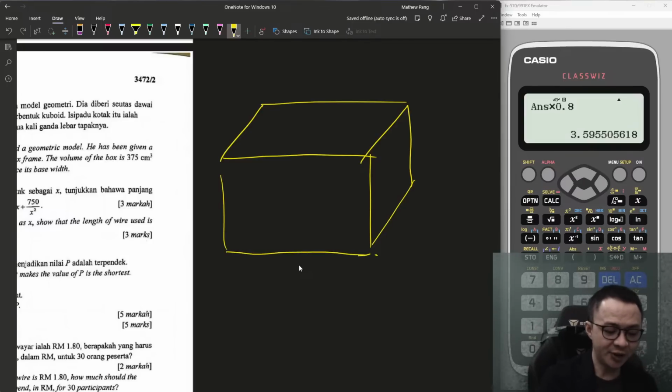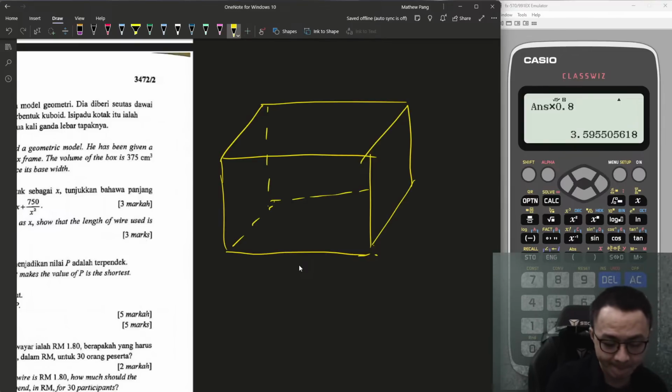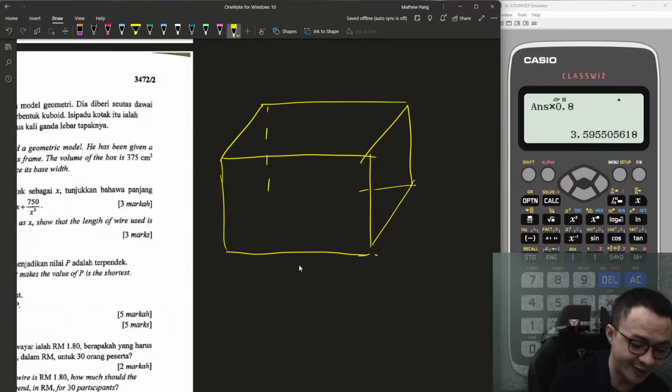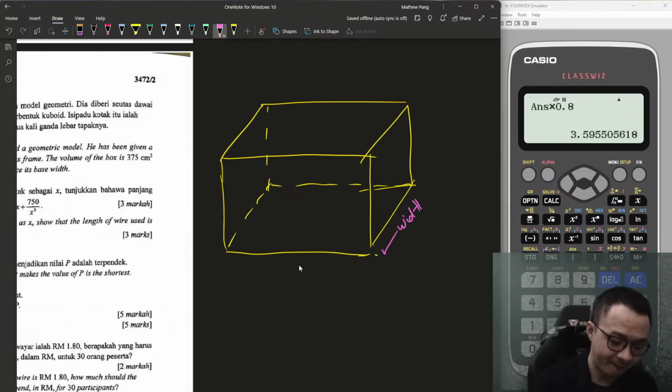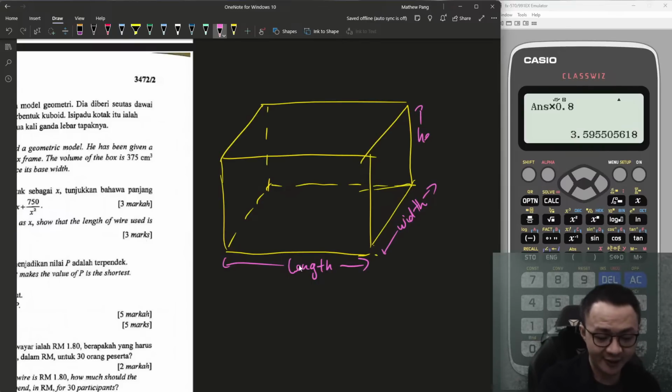Okay, so this is the frame of the cuboid, and definitely we have some base here. Not so nice, let me make it nicer a little bit. Okay, so this one is the base width, and this one is the base length, and this one is the height, right?